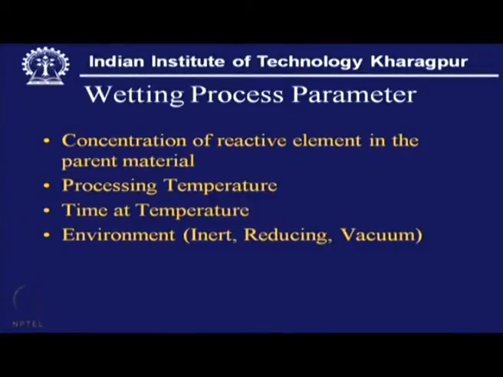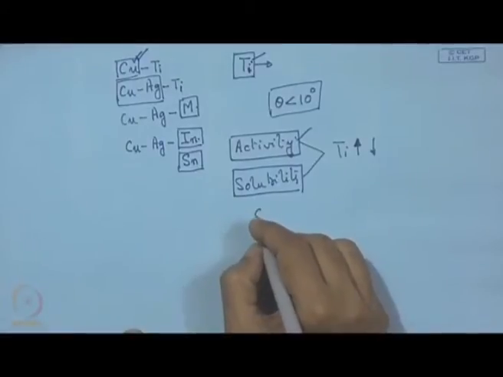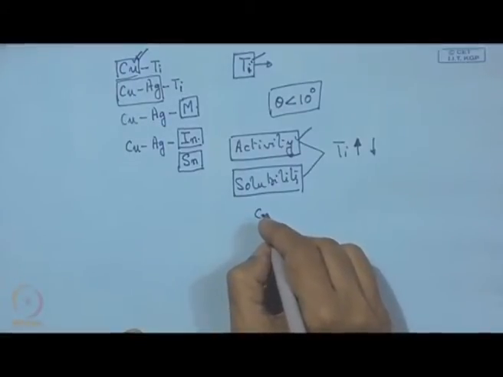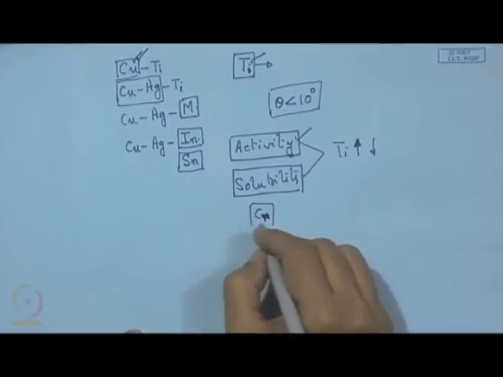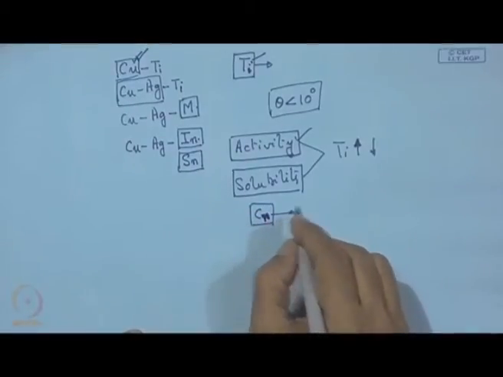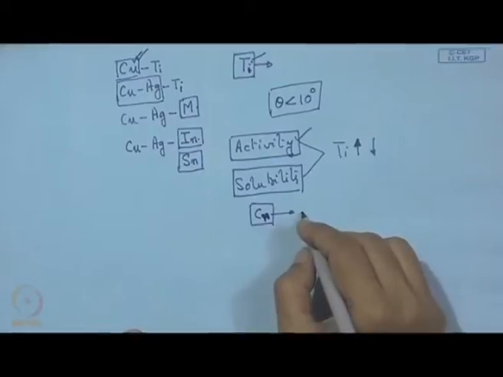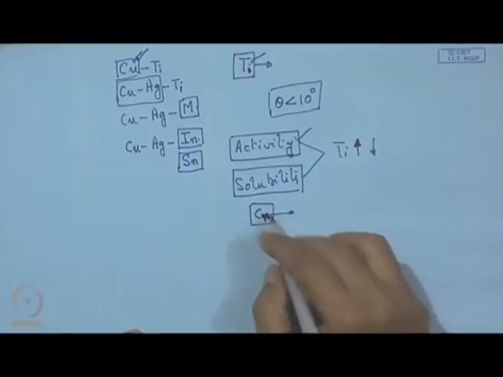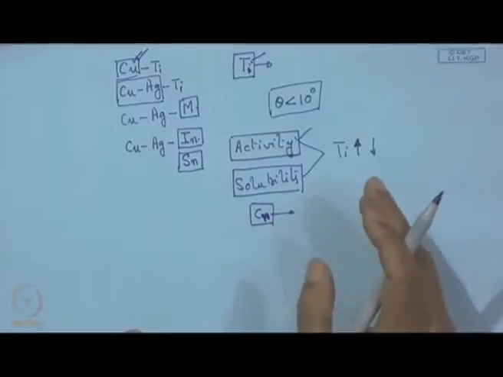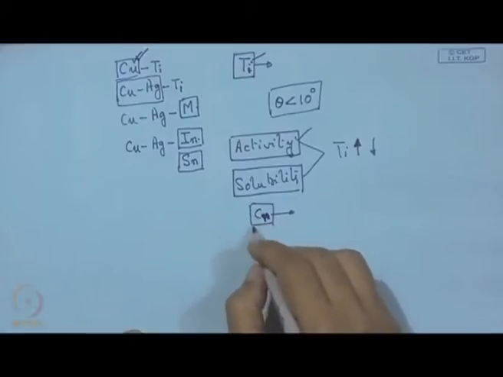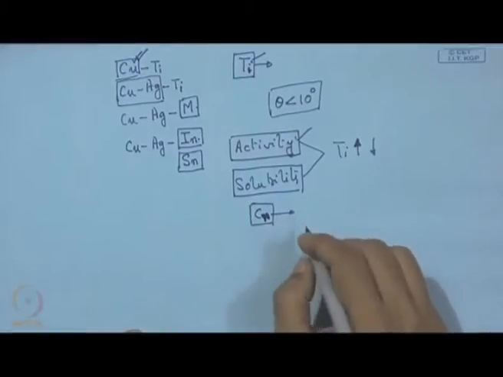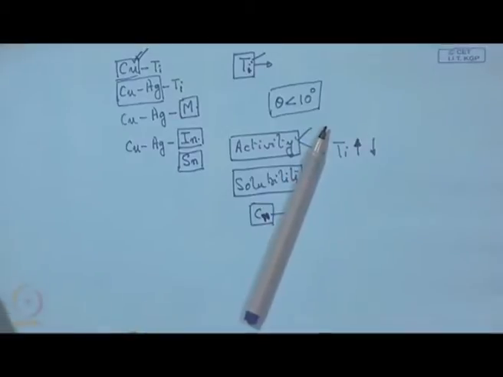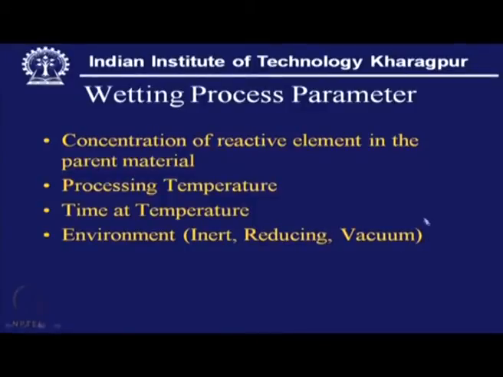Obviously, when it is an alloy containing chromium, we can use either vacuum environment or reducing atmosphere if it is permitted by the base metal to be joined. So, if chromium is the reactive element, then either a reducing atmosphere or a vacuum environment can be used.